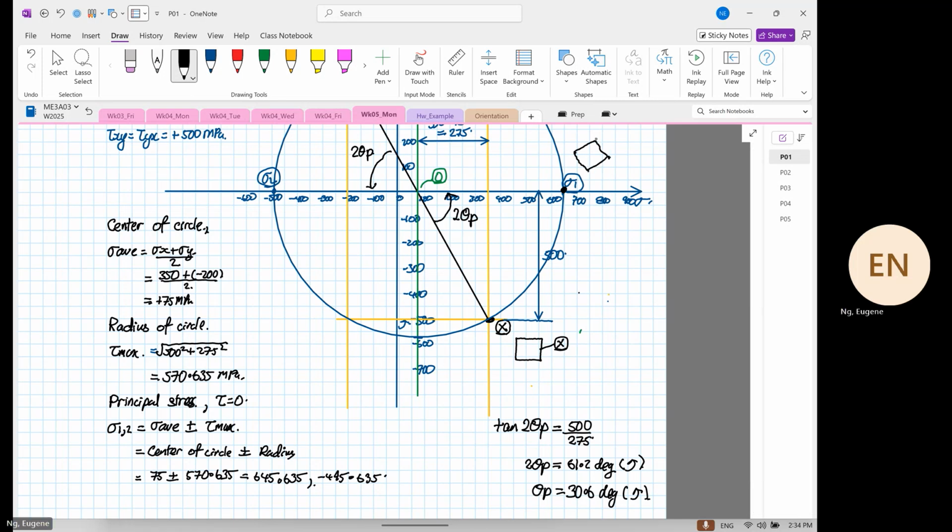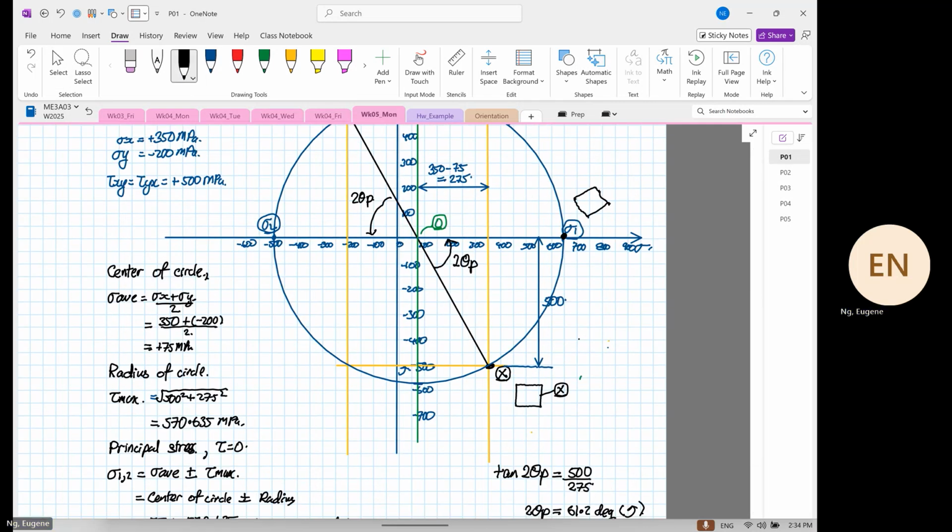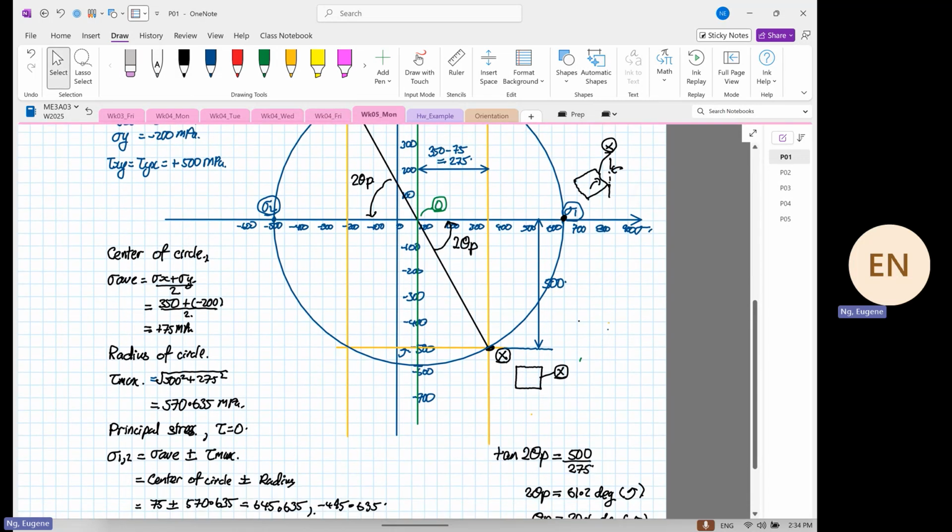And this is our point X. Okay. So if we draw a vertical line, this angle that we have rotated, for the element, is 30.6 degrees.